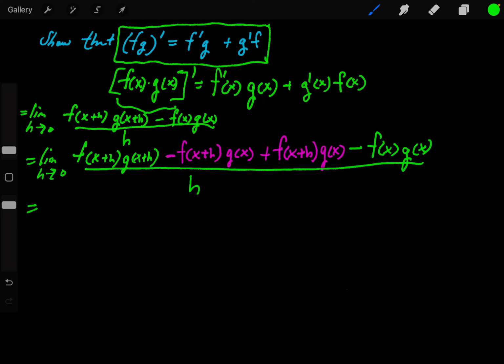And once I have this seemingly unnecessary fact, I can begin to rewrite this as I like. So how am I going to rewrite this?